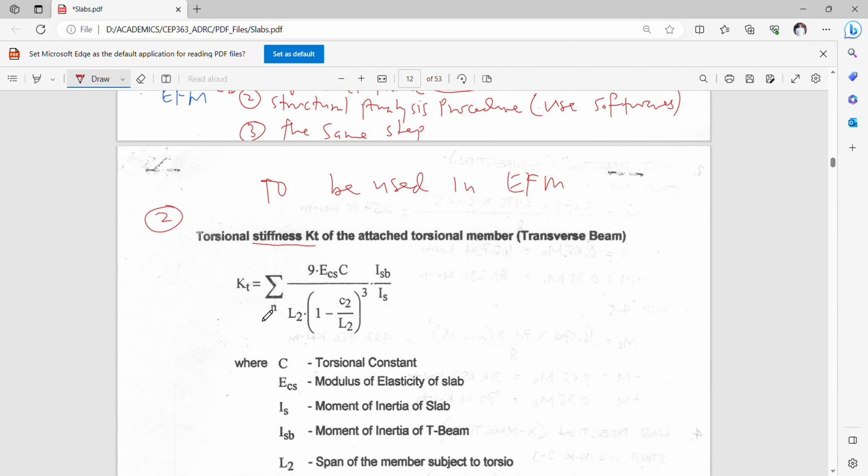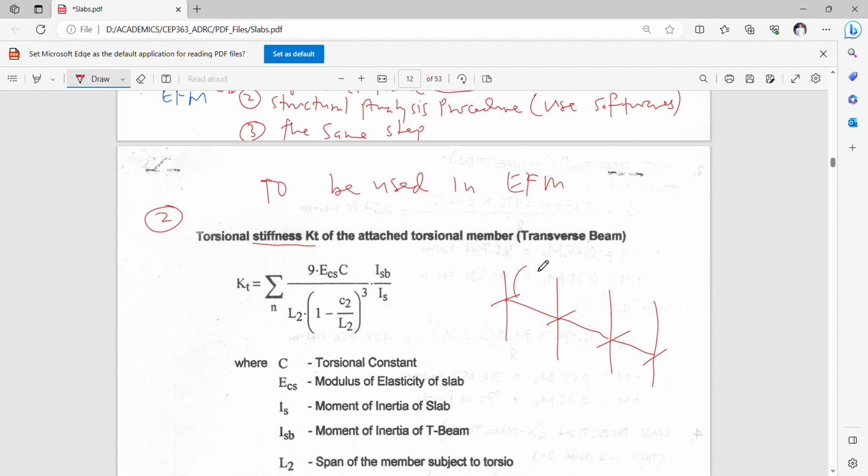And that is first considering the torsional rigidity or stiffness of the attached members. So basically, if we are talking of a frame analysis in three dimensions, we make use of a series of torsional beams, which are these beams here.